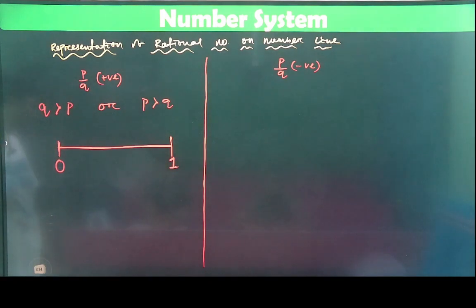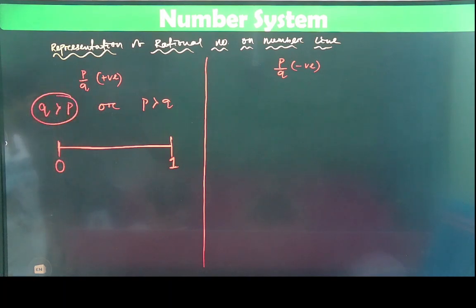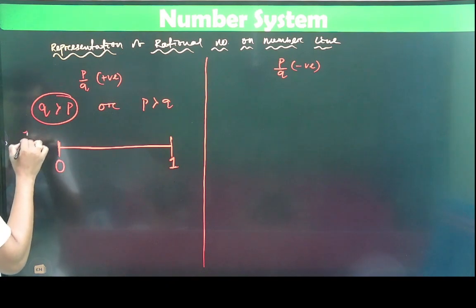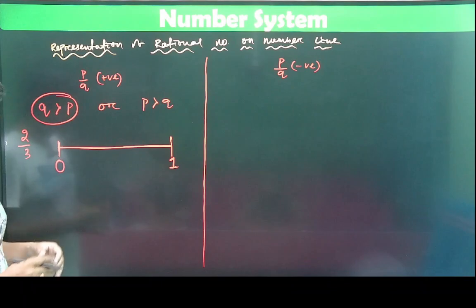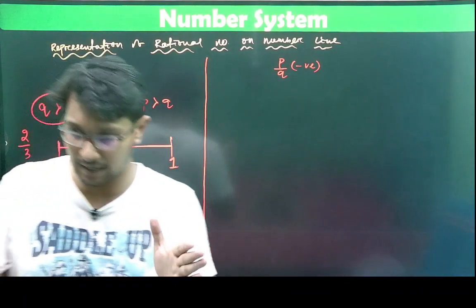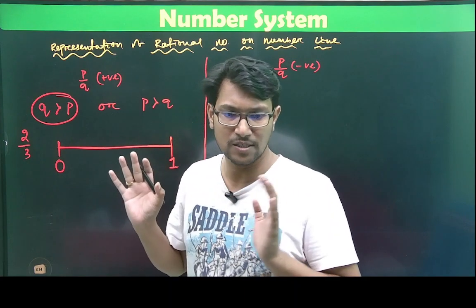Now see what we will do. When a number has Q greater than P, for example 2 by 3, how can we locate it? We have understood the interval: 0 and 1.